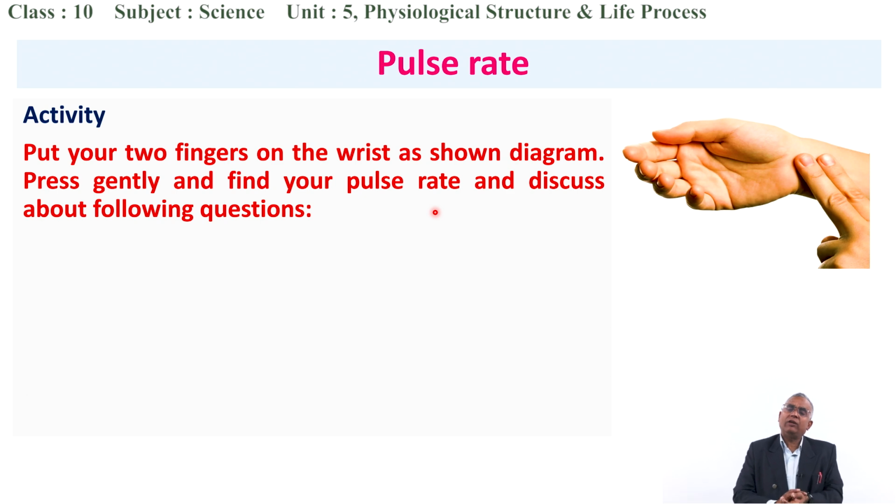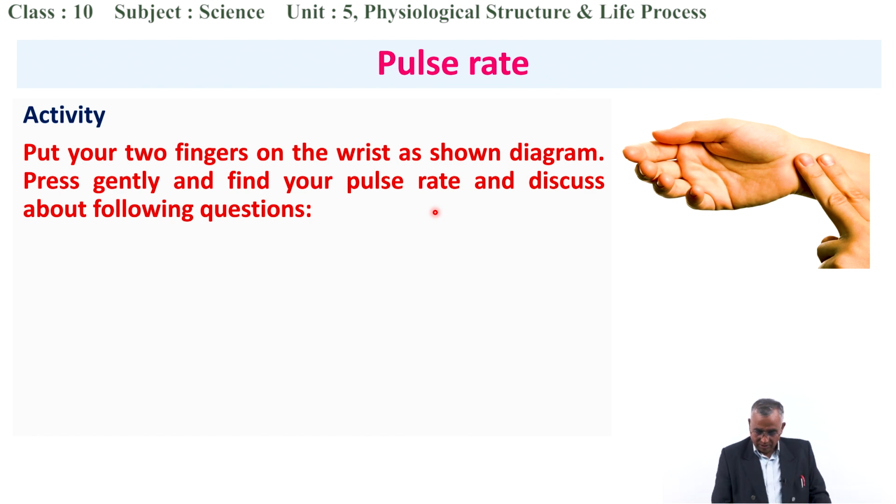How can you count it? The feeling which you feel on your fingers, you have to count in 1 minute. But if you have less time, count in half a minute and then double it.